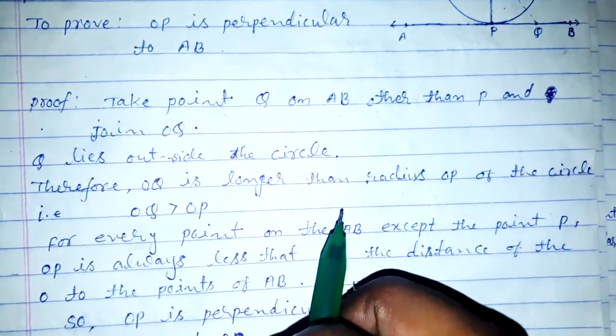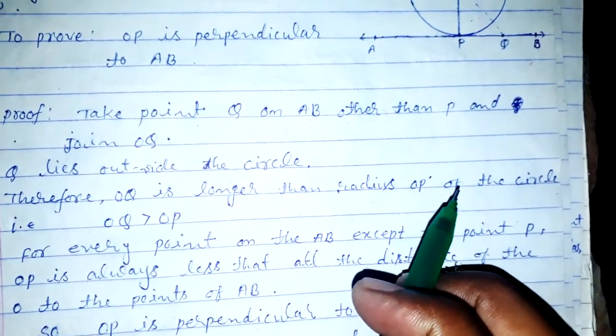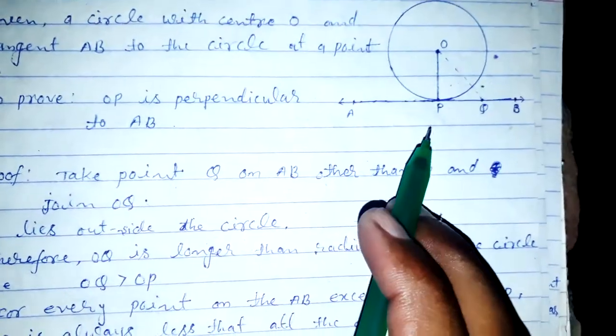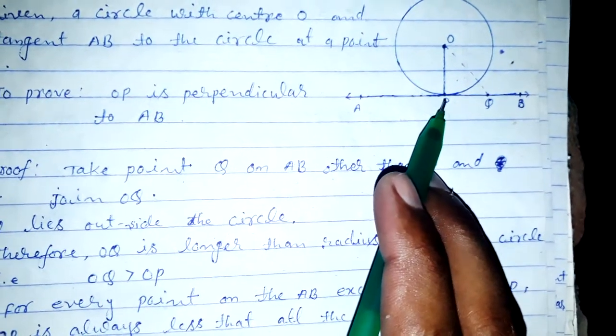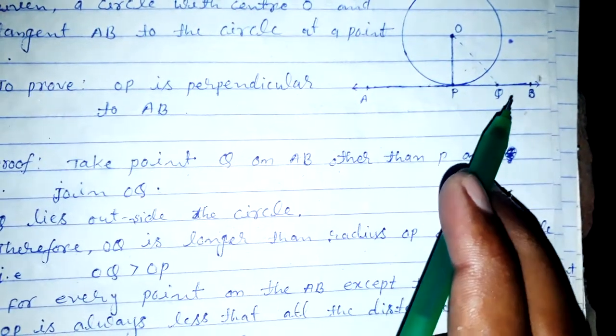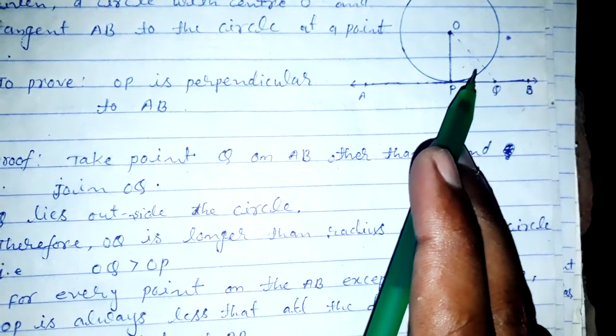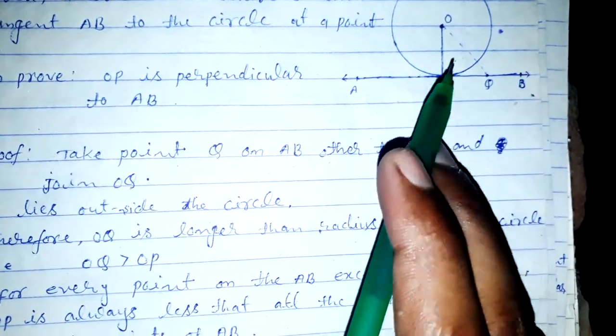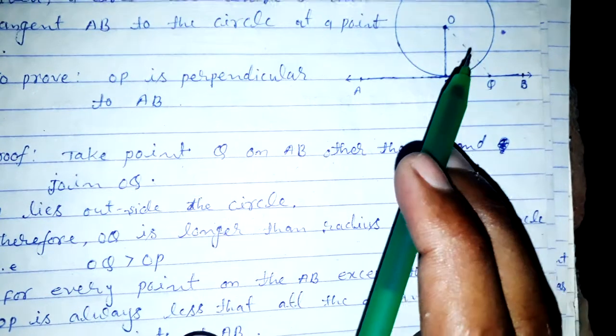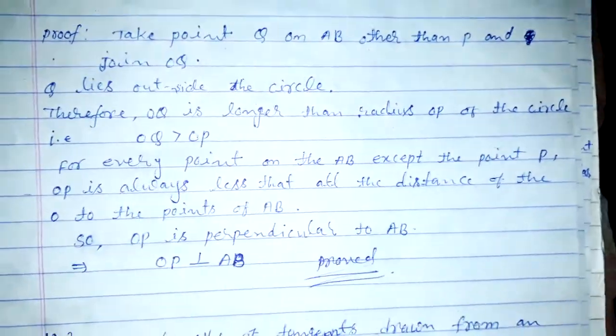Therefore OQ is longer than the radius OP of the circle, because this point lies on the circle and this point lies outside the circle. So OP is less than OQ.